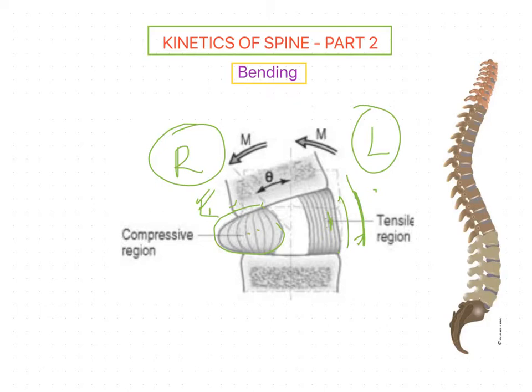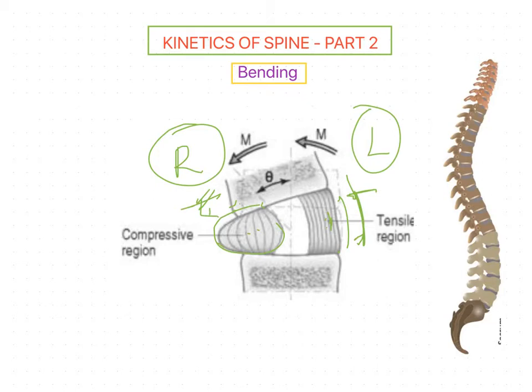What are those structures? One is the outer annulus fibers of the left side of the disc, which are stretched, and also the intertransverse ligaments on the left side. These two structures are going to resist the extreme motions on the right side. So these are all the things happening in bending.